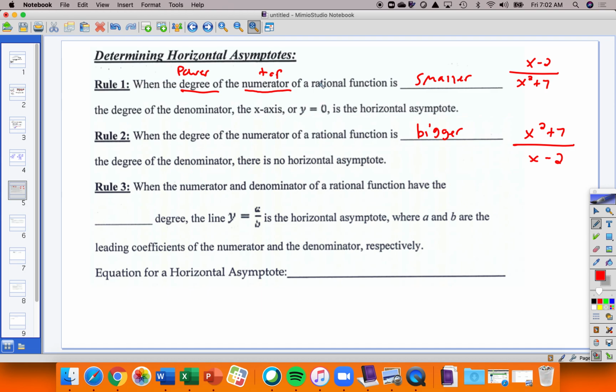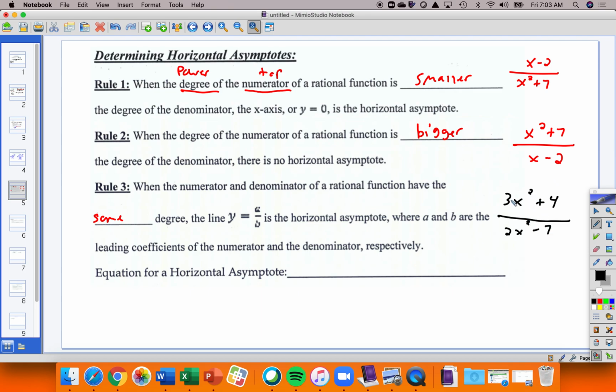And rule number 3, when the numerator and denominator of a rational function have the same degree, the line y equals a over b is the horizontal asymptote, where a and b are constants. Okay, so for example, if I have the function 3x squared plus 4 over 2x squared minus 7, the degree on top and the bottom are the same.